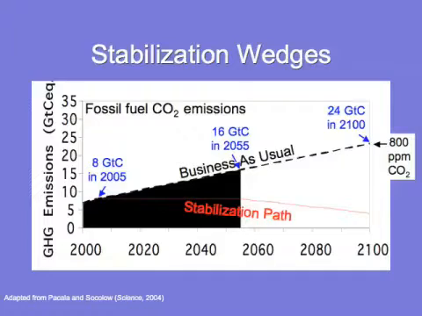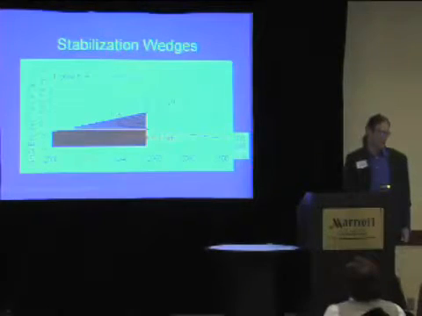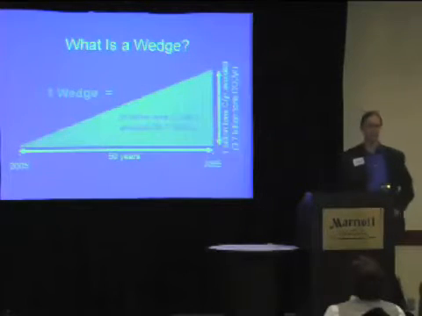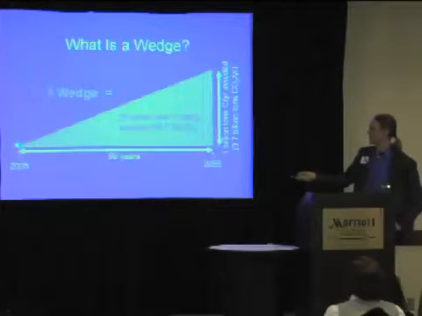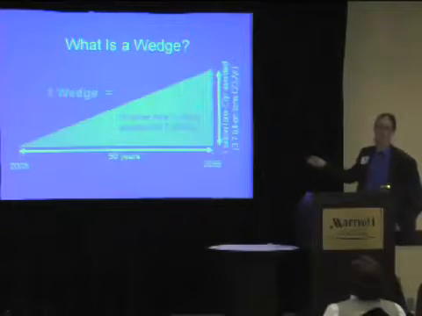And so now the question is, so now we have the problem broken into 8 pieces. Great, how big are each of these pieces, and what do they sort of mean in terms of real world solutions? So a wedge is defined here as the avoidance of 25 billion tons of carbon over a 50-year period. In other words, going from avoiding nothing at the starting point to avoiding 1 billion tons over the 50-year period.